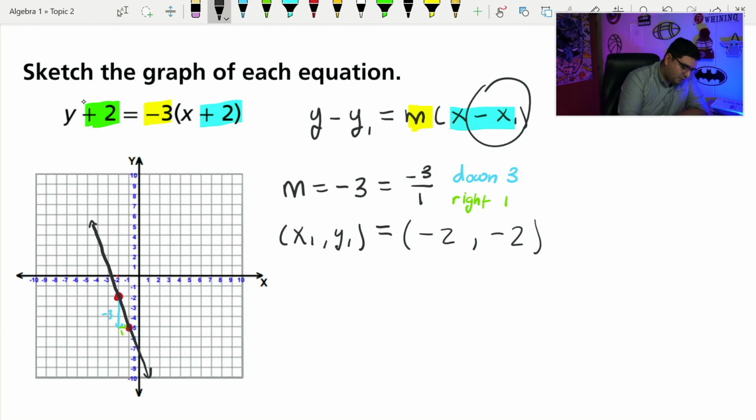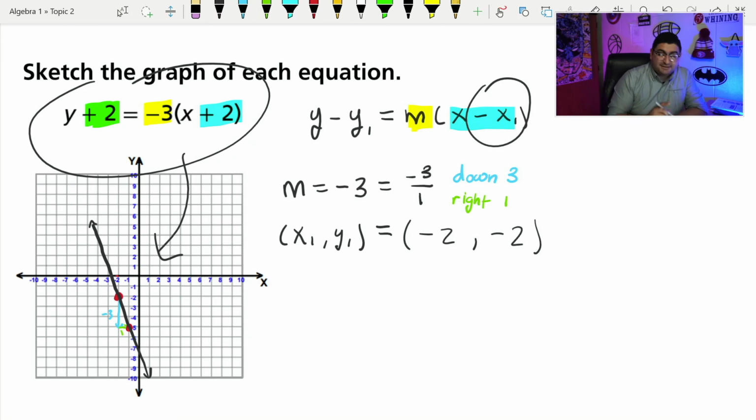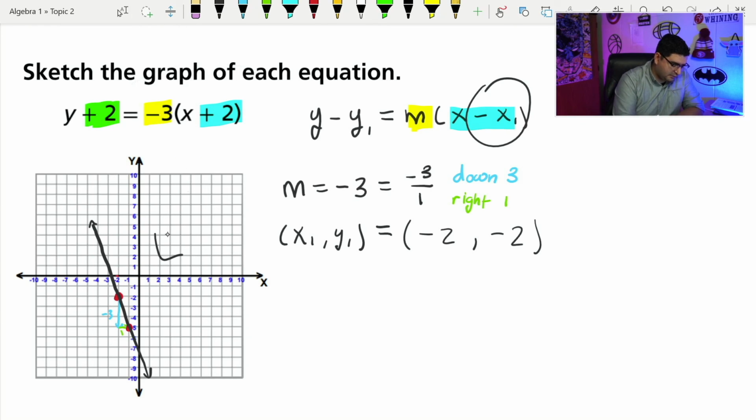Okay, and again, we just graphed that equation. That's what the visual representation of this line equation would look like. And that's how we turn a point-slope form equation into a graph.